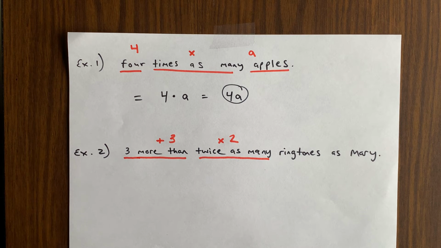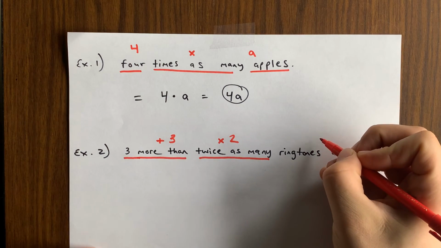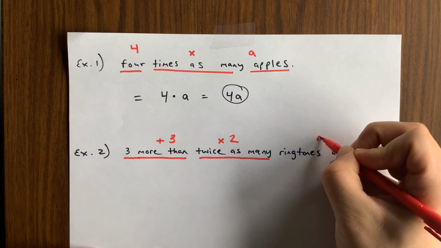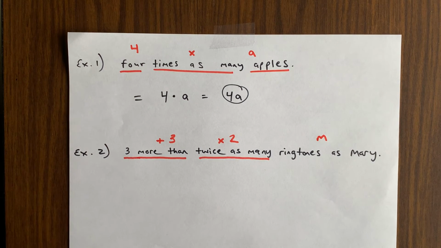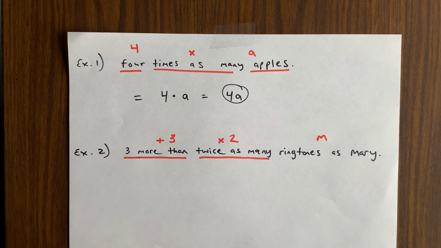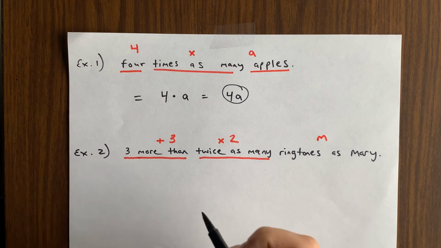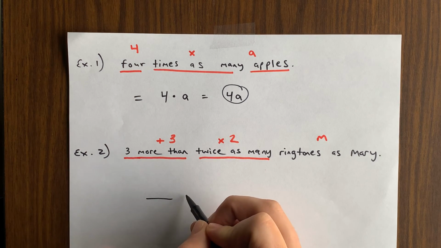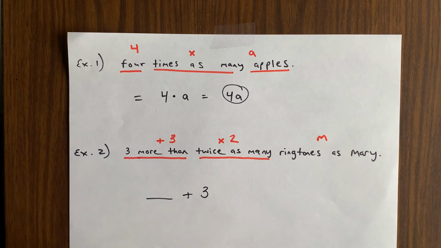Next, we need to find our unknown. Our unknown should be how many ringtones Mary has. We don't know how many ringtones Mary has. So I'm going to go ahead and choose the variable M, just for Mary. When we write this out, we should come up with a multiplication and an addition. Normally, following PEMDAS, please excuse my dear Aunt Sally, order of operations, we like to put our adding at the end.